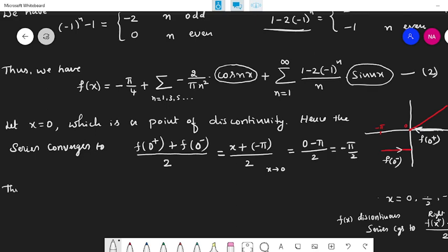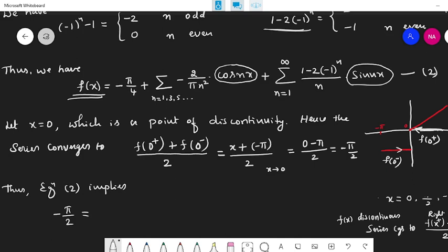Thus, equation 2 implies the left hand side is minus pi by 2. See, you cannot take x equal to 0 directly. That actually gives you some other value to which the series is not converging.